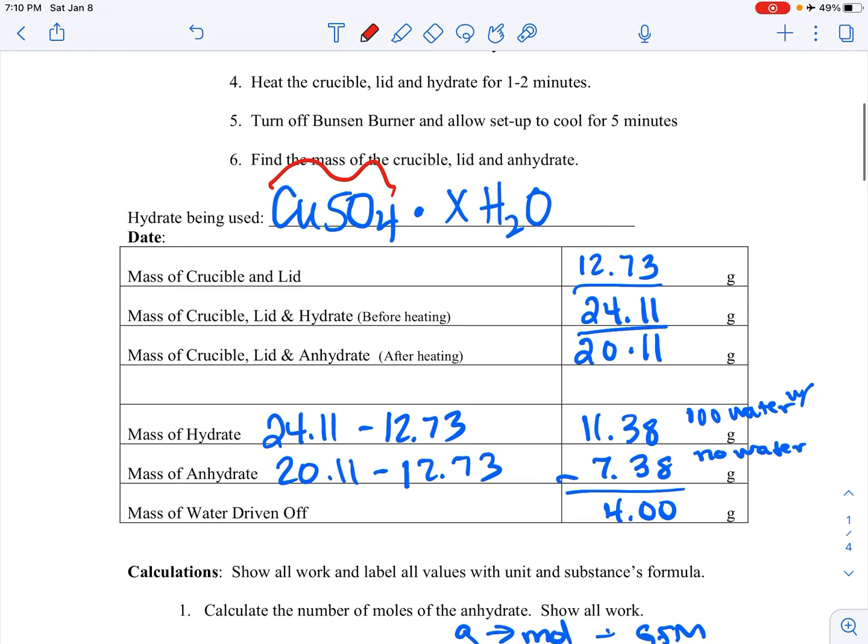So to find the GFM of that, we need copper, sulfur, and oxygen. So copper is 64, and there's one of them. Sulfur is 32, and there's one of them. Oxygen is 16, and there's 4 of them, so that's 64. So 64 plus 32 plus 64 is 160 grams per mole.